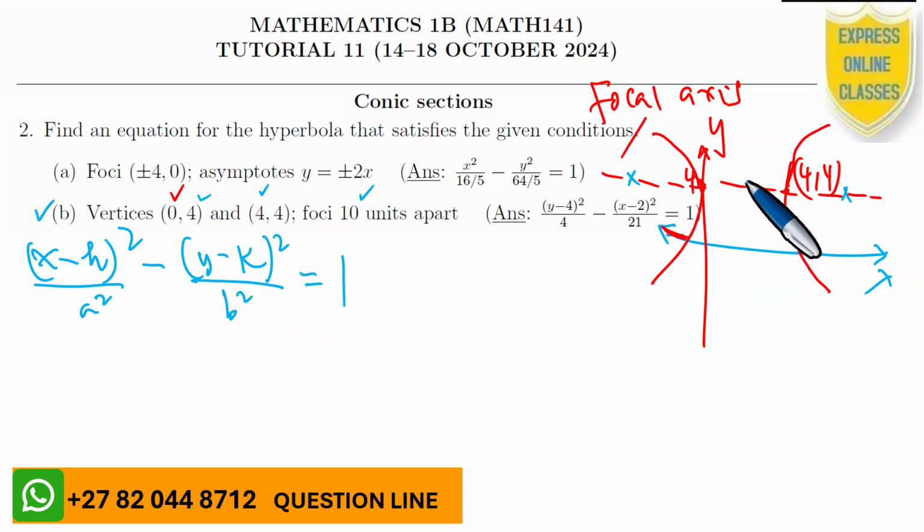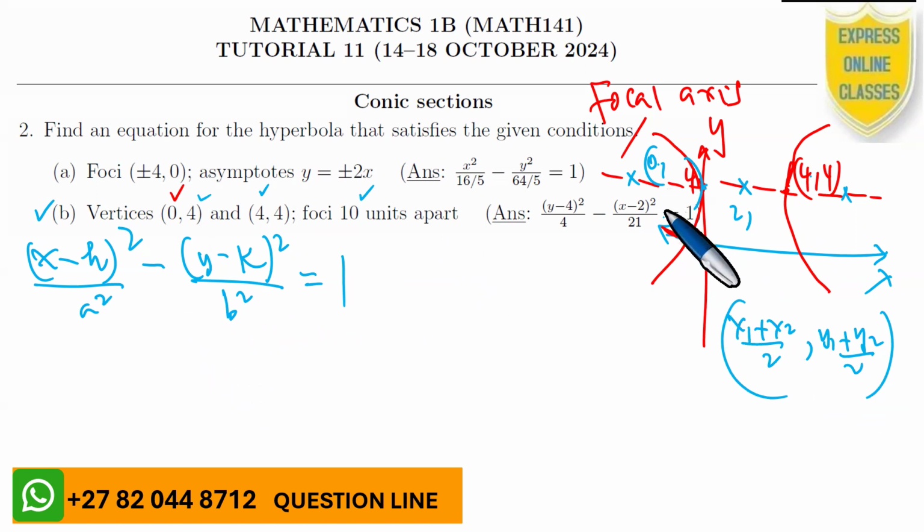Now we want the center, and the center is the midpoint of the vertices. So if this one is 0, 4, what is the midpoint? For the x, 0 plus 4 divided by 2, you have 2, because the midpoint formula is x1 plus x2 out of 2, then y1 plus y2 out of 2.